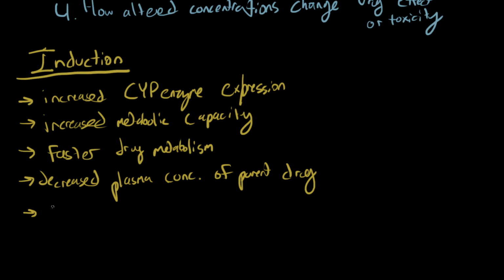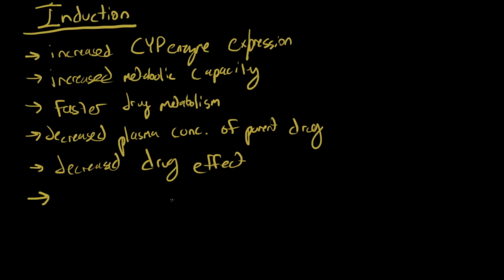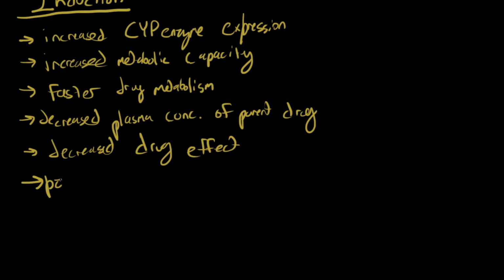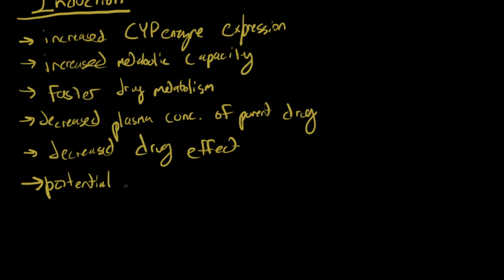If it is just a normal drug, then you're going to have decreased drug effect because it's being metabolized faster and it's not having a chance to be efficacious. You're going to have potential therapeutic failure.